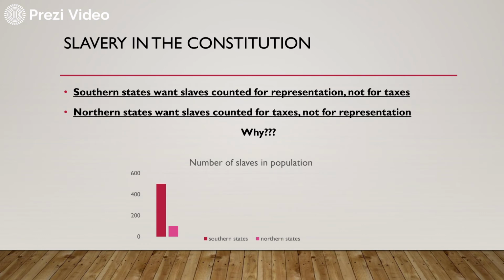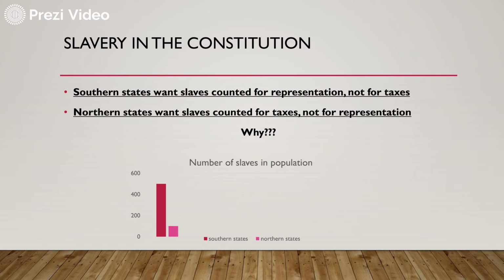And one of the main differences that came into play was slavery. In the southern colonies, in the southern states, there was a lot more slavery than there was in the northern states. At this time, there was slavery in the northern states, but it was a lot more prevalent in the southern states.